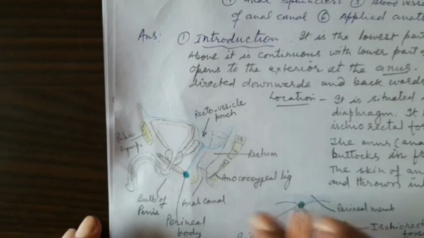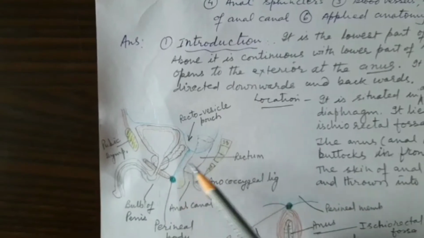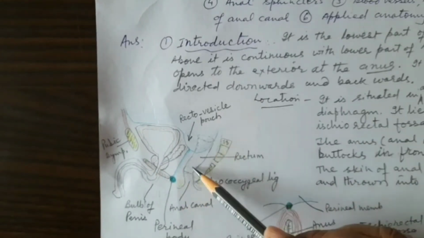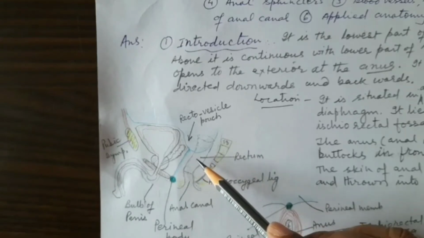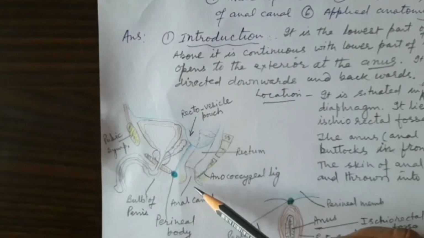Right, so after this, let us come to the introduction again. As I said, the anal canal is the terminal part which is continuous above with the rectum, and below it opens onto the exterior, where it is known as the anus.